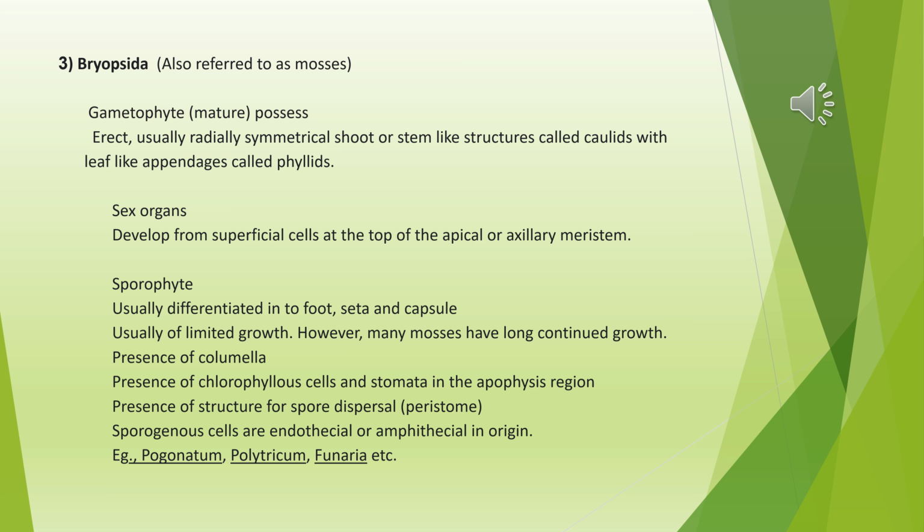Usually of limited growth, however, many mosses have long continued growth. 3. Presence of columella. 4. Presence of chlorophyllous cells and stomata in the apophysis region. 5. Presence of a structure for spore dispersal called peristome. And 6. Sporogenous cells are endothecial or amphithecial in origin. Example, Pogonatum, Polytrichum, Funaria, etc.